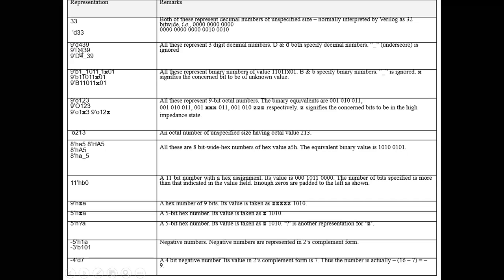Instead of small d, I can write capital D also. Sometimes we may also use an underscore. If you use an underscore, it is ignored. Wherever you find an underscore in between when writing the numbers, it is just ignored. Now you can see the other form here.